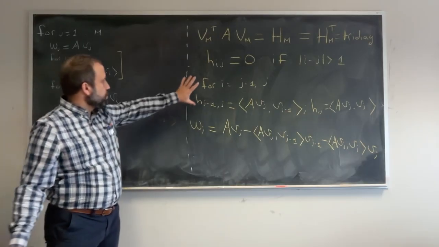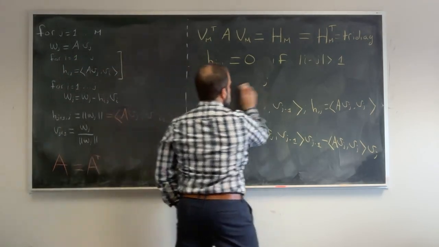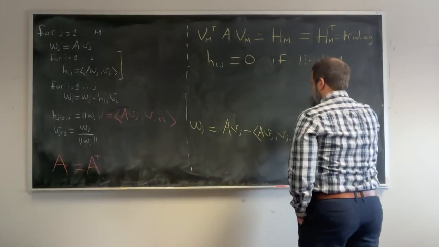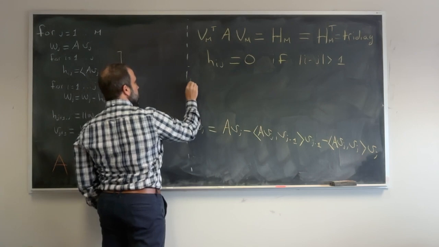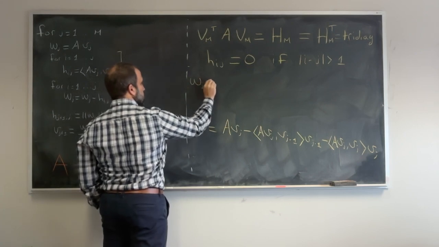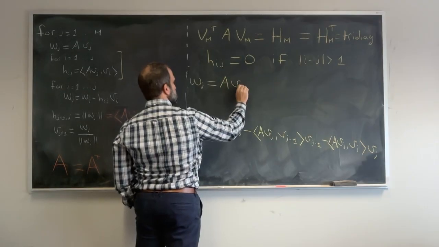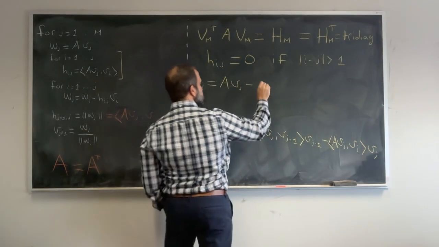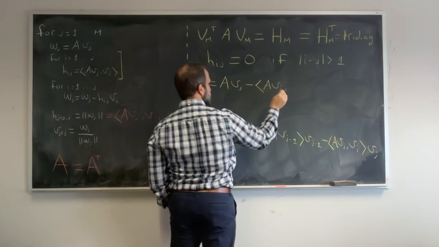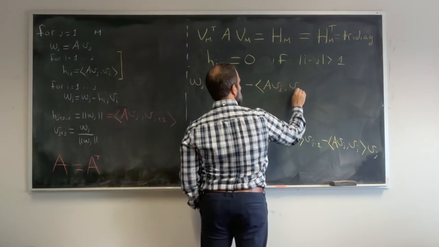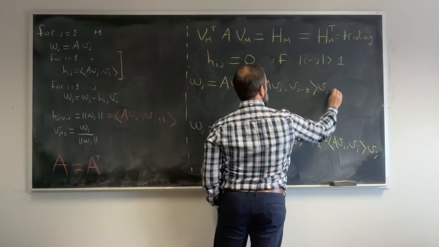Okay, so basically I'm going to erase these two rows and just copy that up there. Now we see that wj is going to be equal to A vj minus h_{j,j} vj minus h_{j-1,j} v_{j-1}.